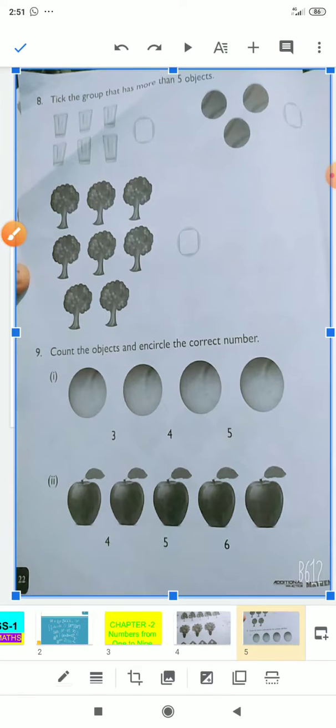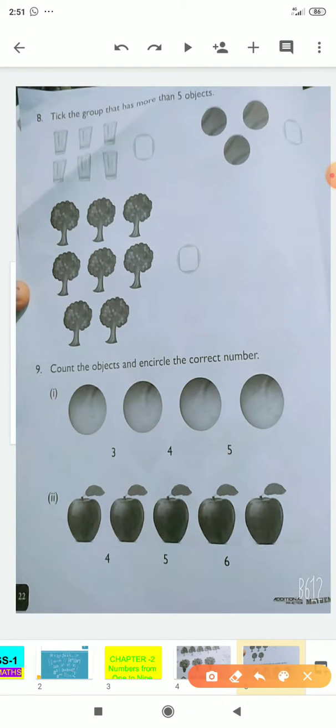Count the objects and encircle the correct number. So, in this question, we have to count the objects given in the line, and then we have to circle the number which is exactly the same as the number of given objects.